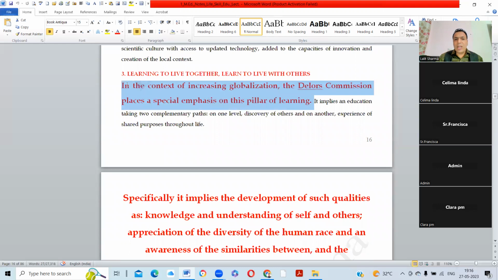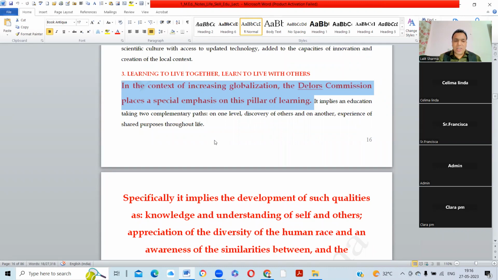Third is learning to live together or learning to live with others. What is the meaning of that? In the context of increasing globalization, the Delors Commission places a special emphasis on this pillar of learning.